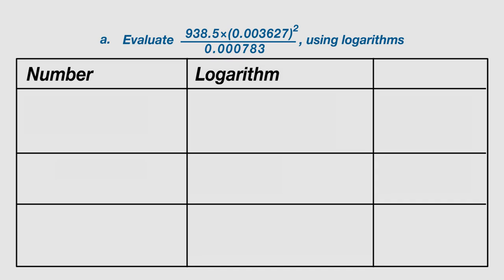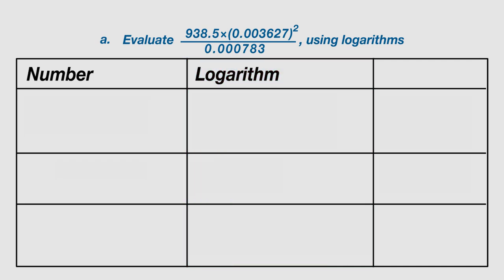So we take the numbers one at a time, read the log, and write the log in the log column. Now, if you have a number to an exponent and you have to multiply the log, you do it all under the log column. If you need to add any 2 logs because you are multiplying, you do all that under the log column.